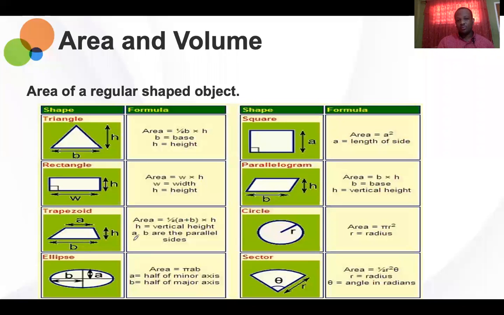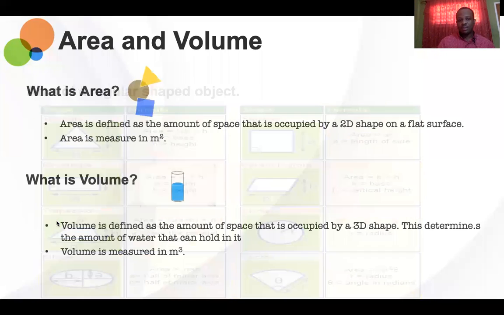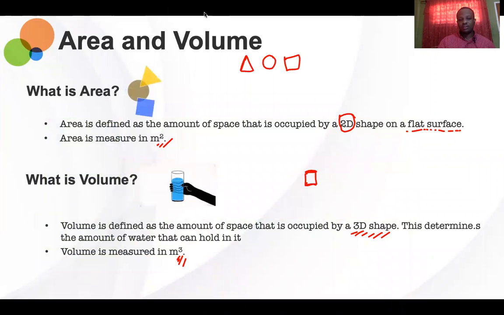Before we move on, what are some applications of area? What would you need the area for? What can you think of? When we're purchasing land, we need to know the area of that land.